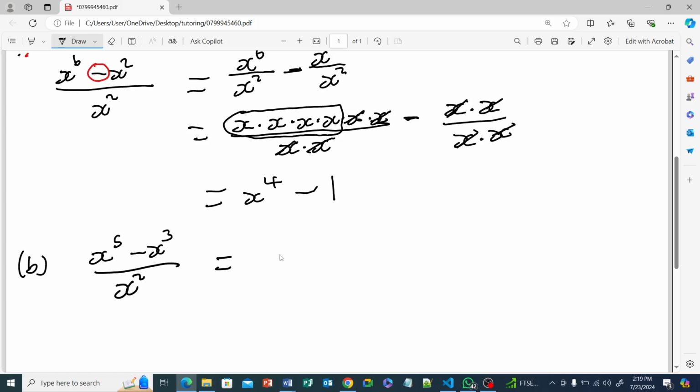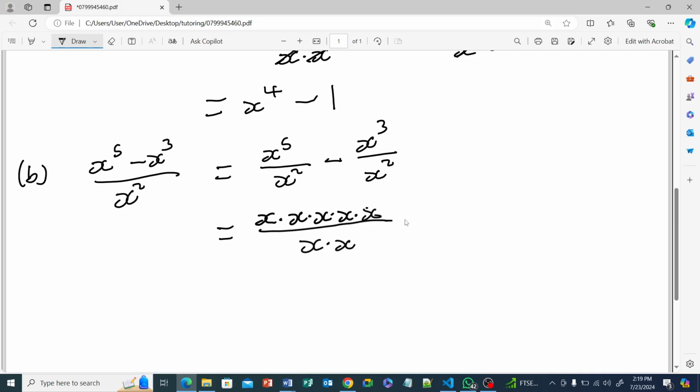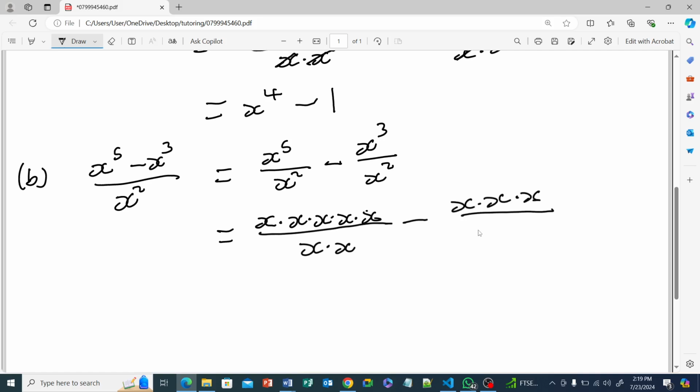Since it's x exponent of 5, you write x 5 times, divided by x multiplied by itself twice, minus x times x times x over x times x.